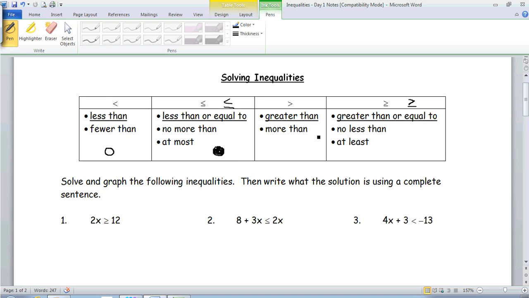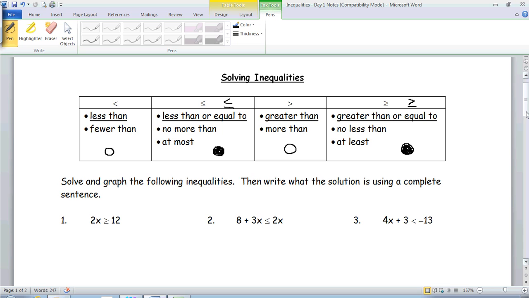Okay, there's a dot. Greater than is an open circle, and greater than or equal to, because it has the extra part, we're going to make our circle and then the extra filling in. Now that's when we start our number lines. I just want to introduce that to you.